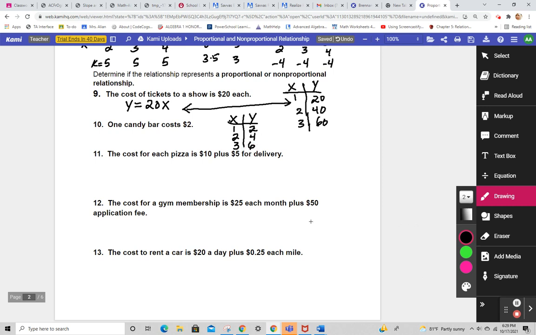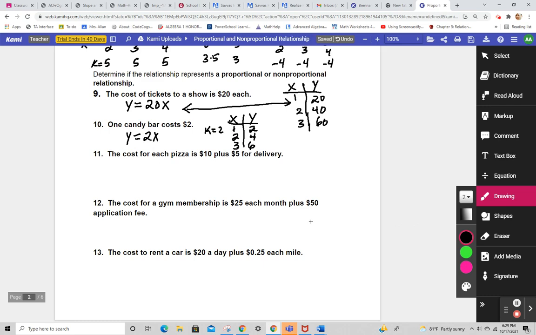So let's see, 2 divided by 1 is $2. 4 divided by 2 is $2. 6 divided by 3 is $2. Do you see every time we divide y by x, we get $2? So in this case, k is 2. So our equation is going to be y equals 2x.